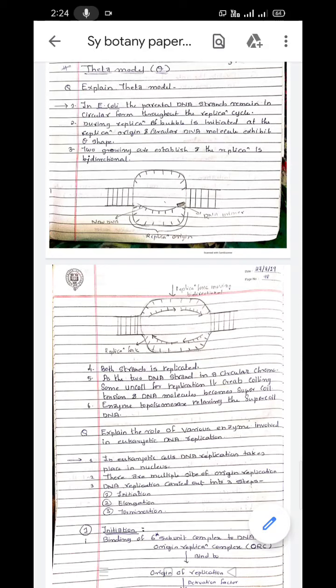That's why this stage or situation is known as the theta model.